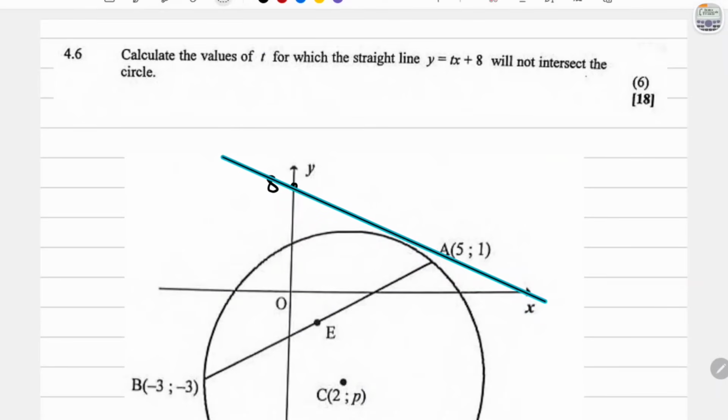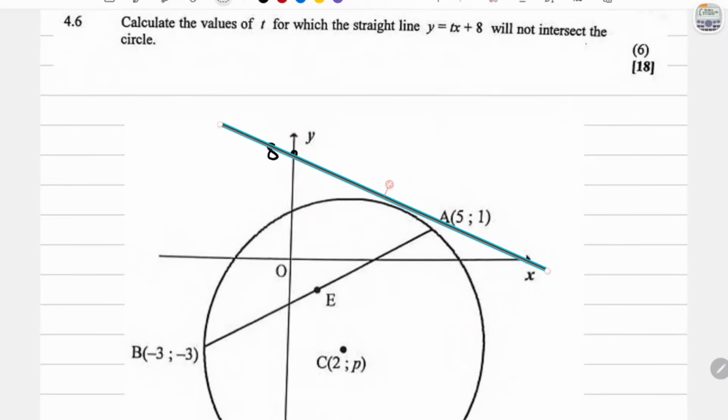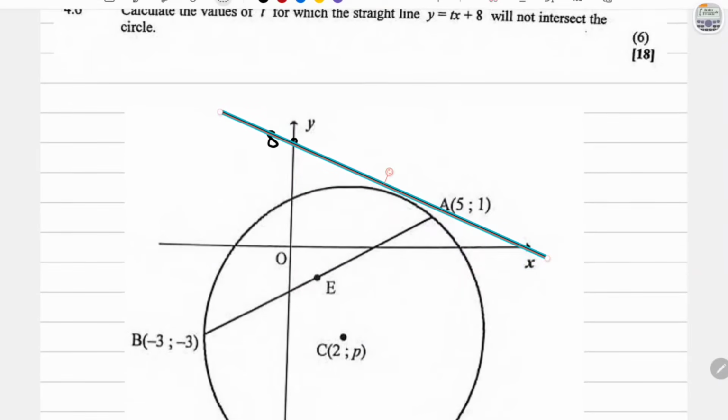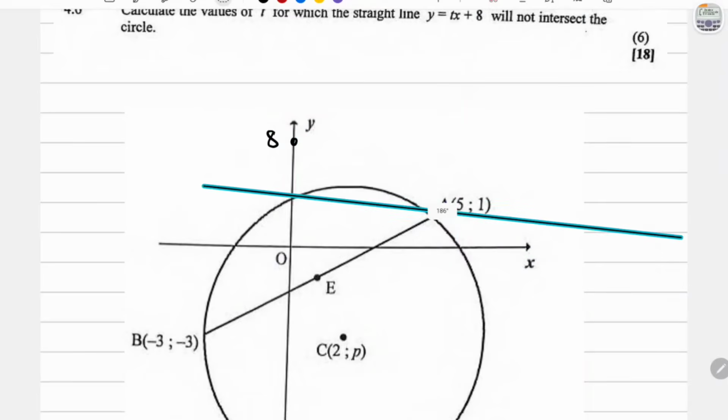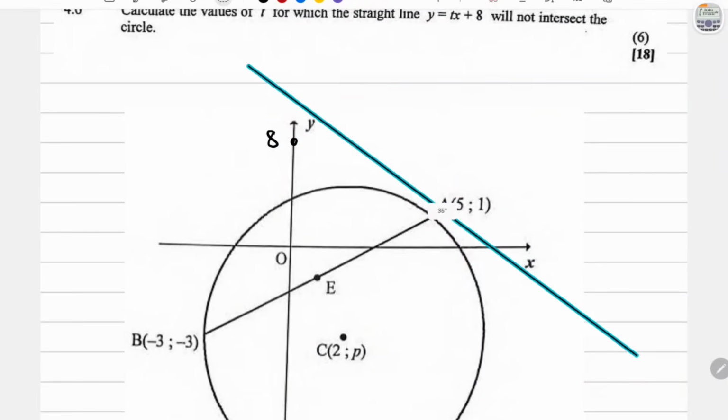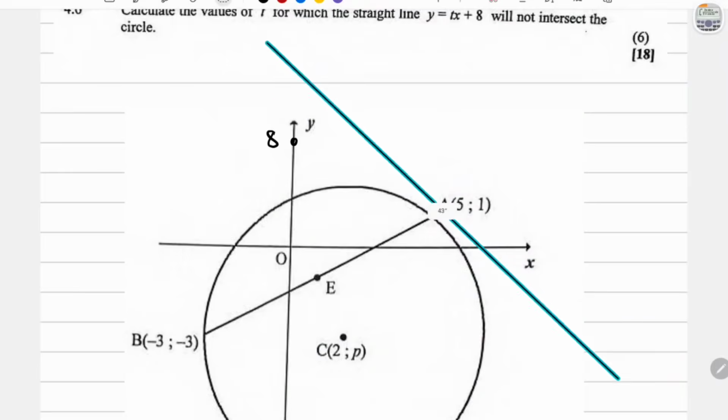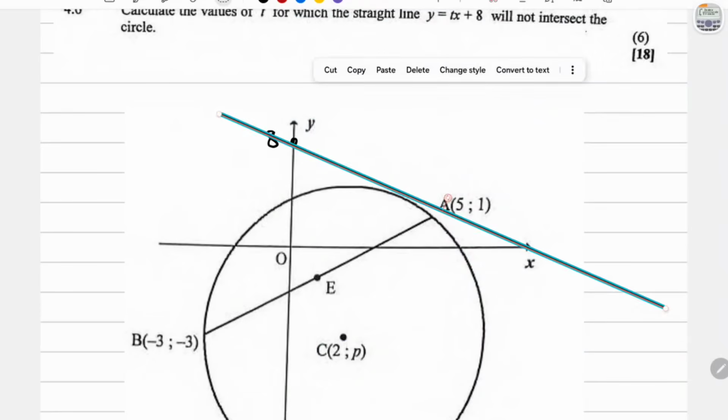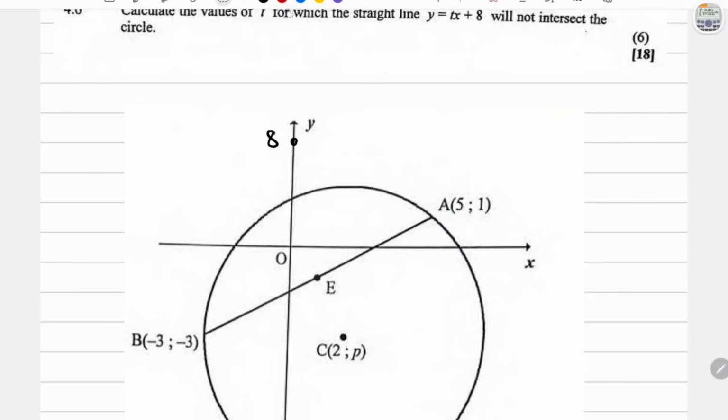So for you to find out for which values of t it will not intersect the circle, the first point where it will intersect the circle, it will have to be a tangent to the circle. So it goes like that, and then it touches the circle at one point, right? And then after that, it can kind of move. Well, the way I drew it now, it's not going to move properly. I should draw it from here. So it's kind of like this. If this is your line, a visual example of this is looking at it like this.